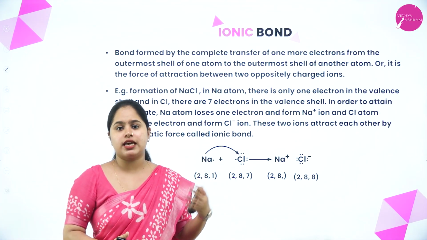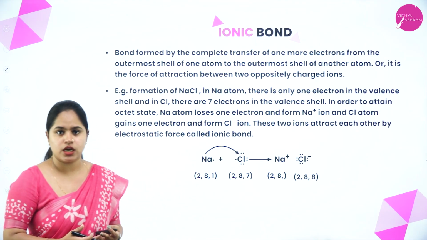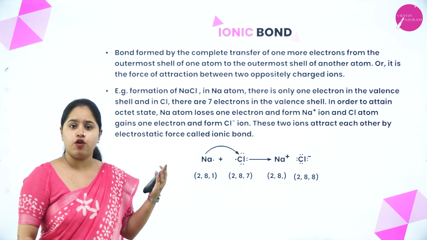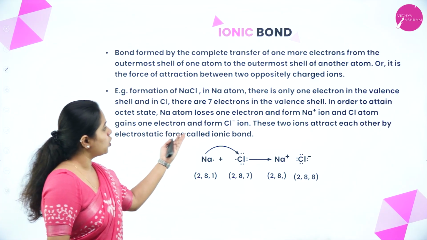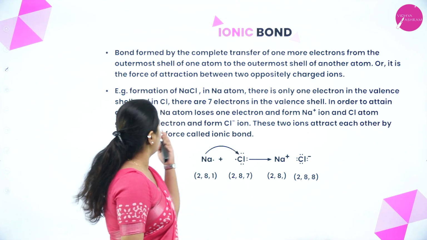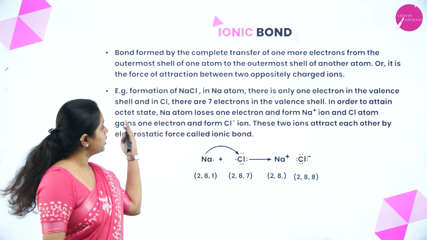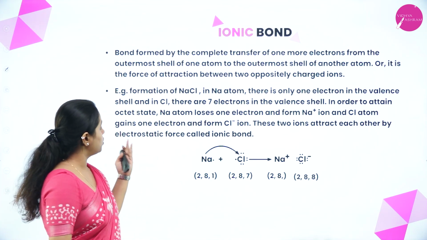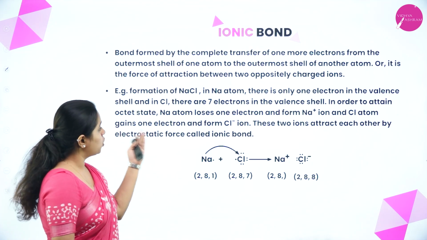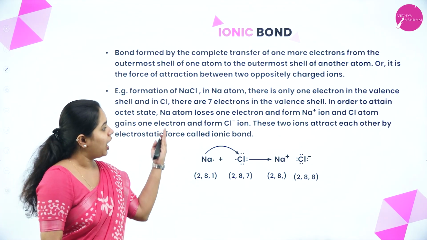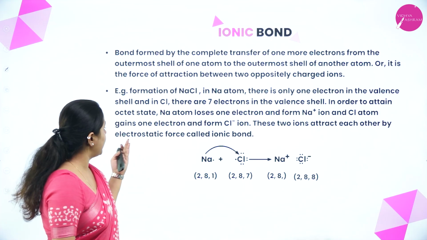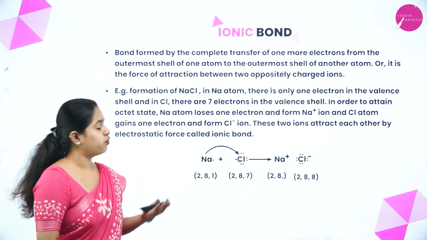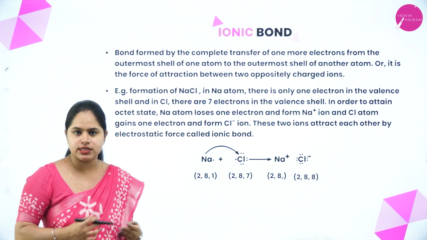Let us take the example of sodium and chlorine itself. In the formation of sodium chloride, in the sodium atom, there is only one electron in the valence shell. And in chlorine, there are 7 electrons in the valence shell. So, in order to obtain the octet state, the sodium atom loses 1 electron and forms Na+ ion, and the Cl atom gains 1 electron and forms Cl- ion. So, what is happening here?